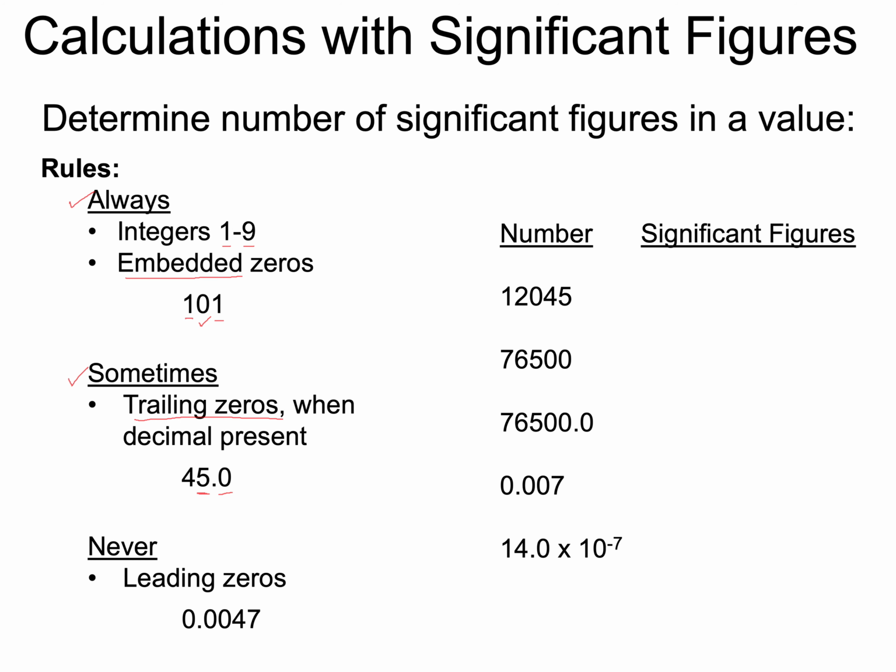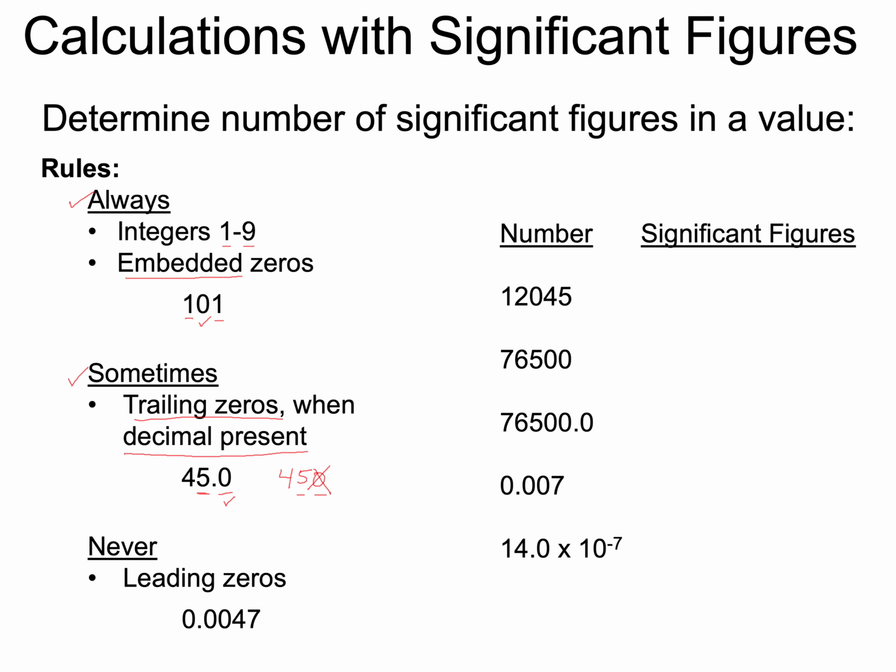A trailing zero counts as significant only if and when a decimal is present in the number. So this zero is considered significant, but if you were to have, say, this number, 450, this is the last integer. This is considered a trailing zero, but there is no decimal, so this zero would not be considered significant.